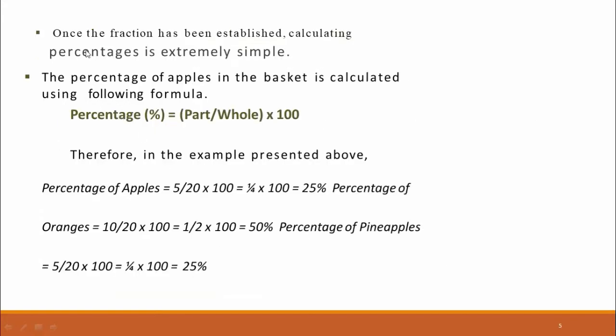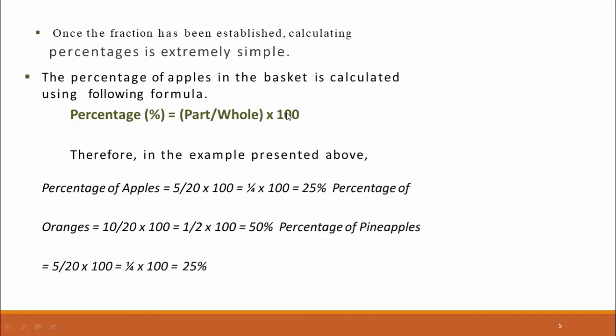Now to calculate the percentage. Once the fraction has been established, the percentage of apple in the basket is calculated using this formula: percentage is equal to part divided by whole, multiplied by 100.